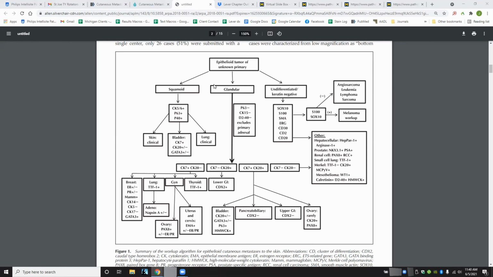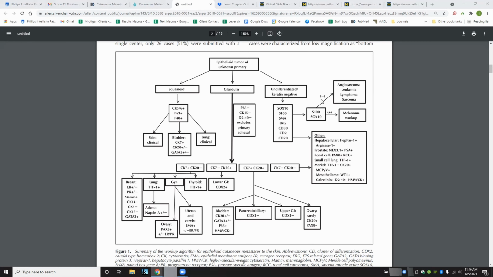And then if the tumor is undifferentiated, your keratins are negative, then you can start going through more of a workup to exclude melanocytic tumors, workup for sarcomas, vascular differentiation, so SMA and ERG, and going through your differentiation for various lymphomas.